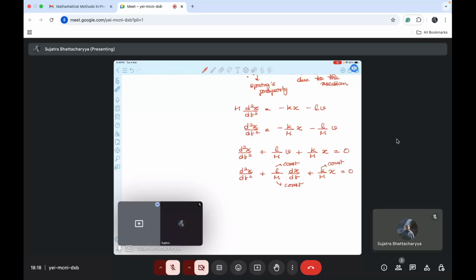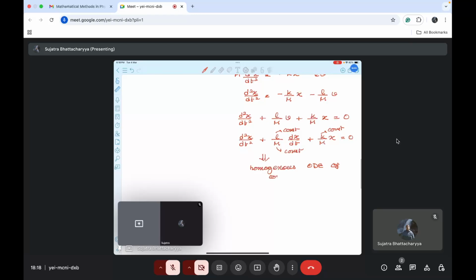So again, we have developed a homogeneous ODE of order 2 with constant coefficients. So again, the solution will be based on whatever we have discussed in the last class.